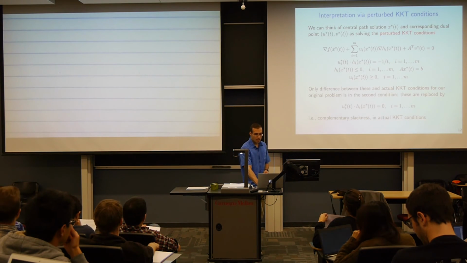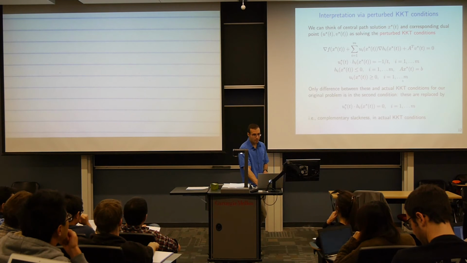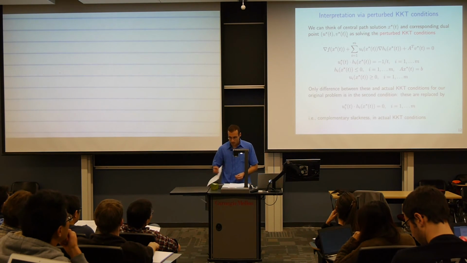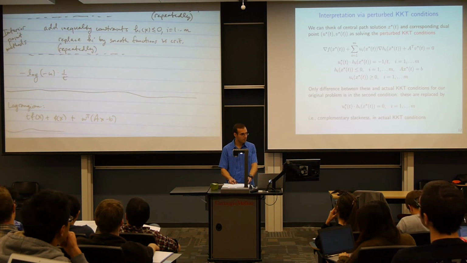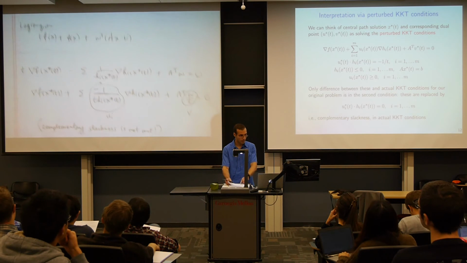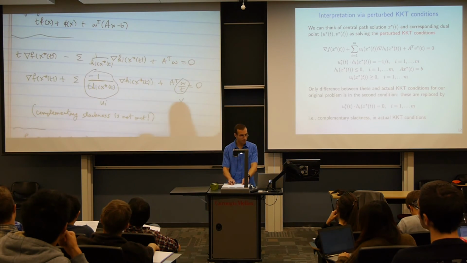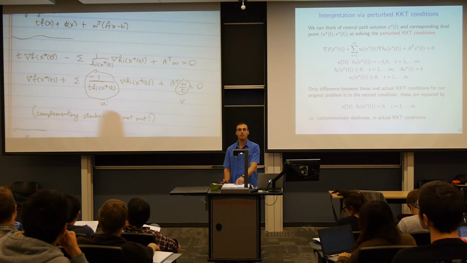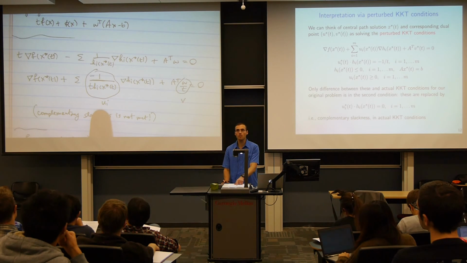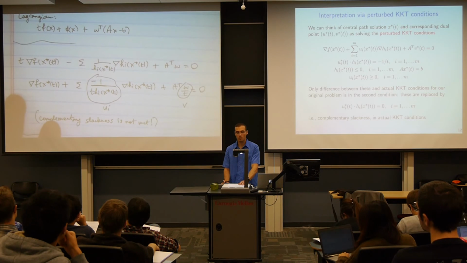We already saw that we can think of the central path and the corresponding dual points in the following way. They solve the stationarity condition, that was right here, as I've defined them. They satisfy u_i is bigger than or equal to 0, and they satisfy the primal constraints.